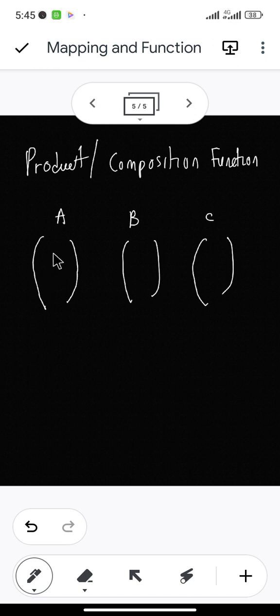Let's say A, B, C. Let's say X, Y, Z. Let's say R, S, T.